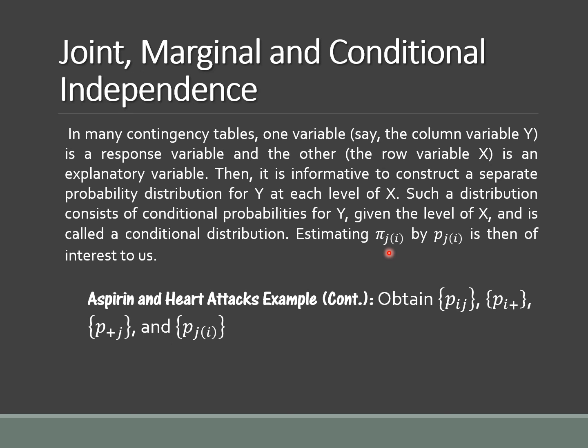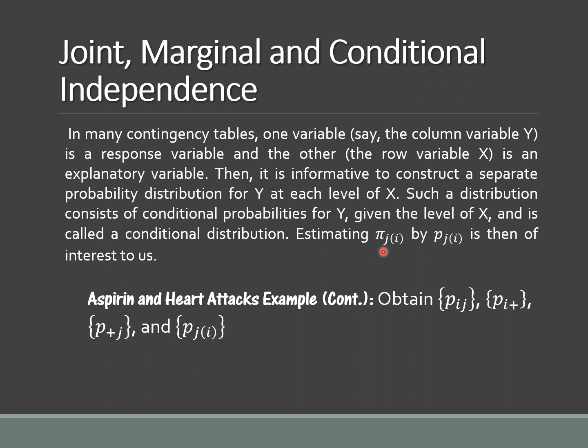But if x causes y, use this pi j given i, because knowing the value of x would make you have more information in guessing what the value of y would be.